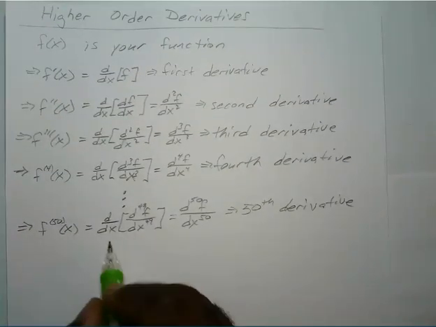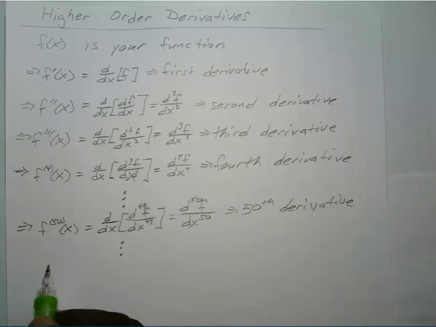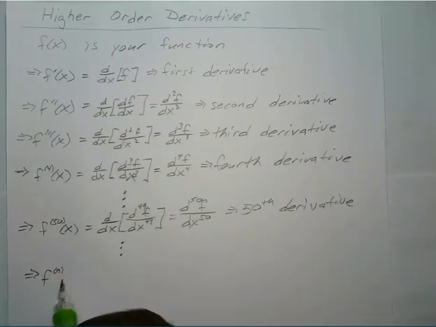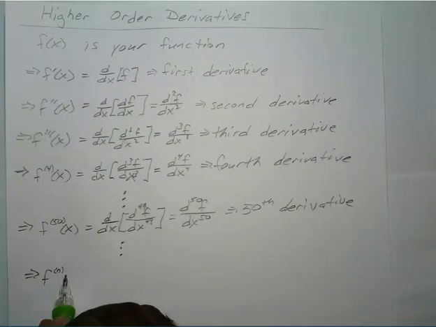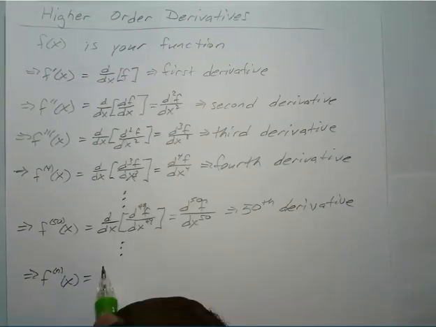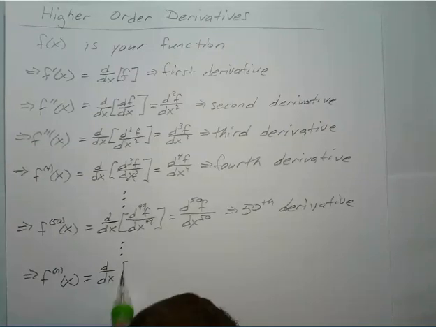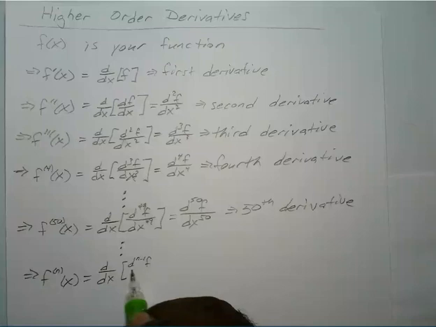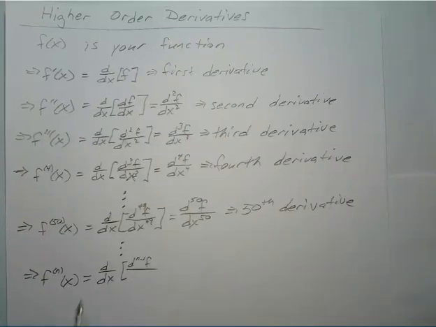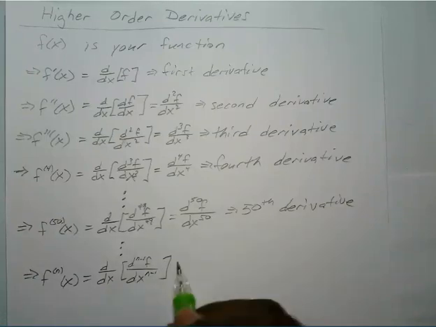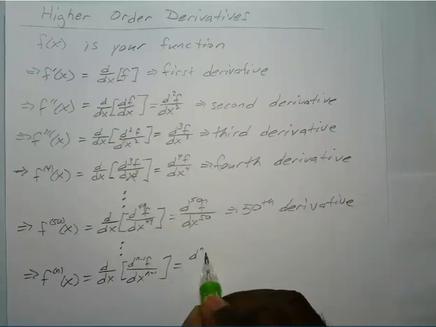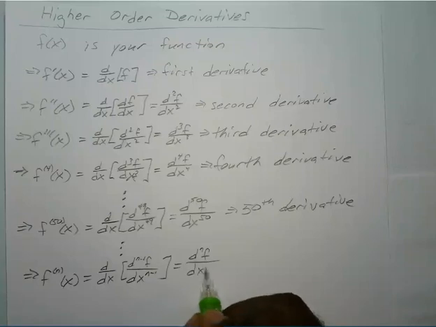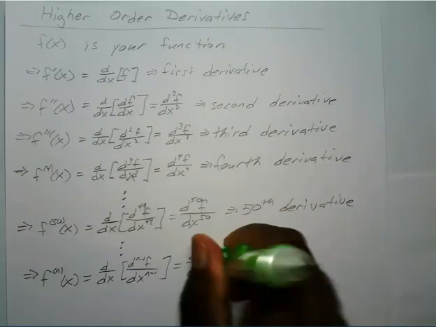So this goes all the way up to the nth derivative, whatever it is, which is the derivative of the (n minus 1)th derivative, which would give you the nth derivative.